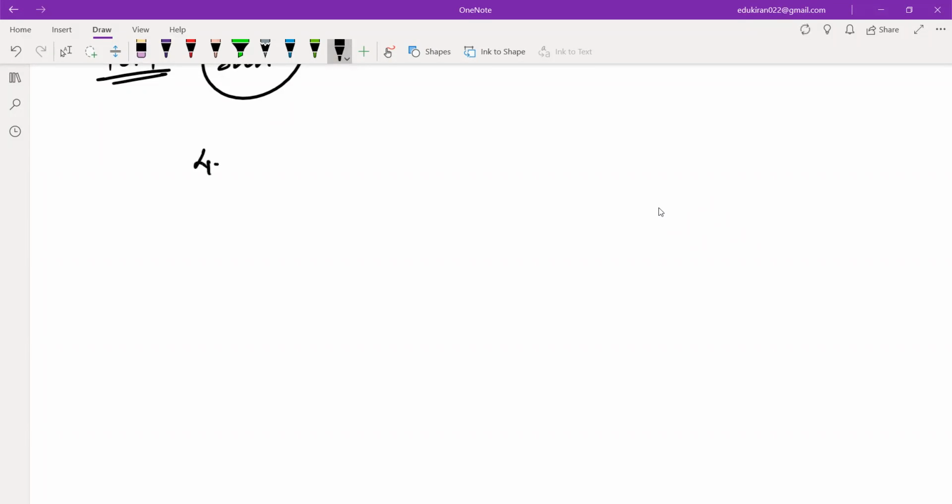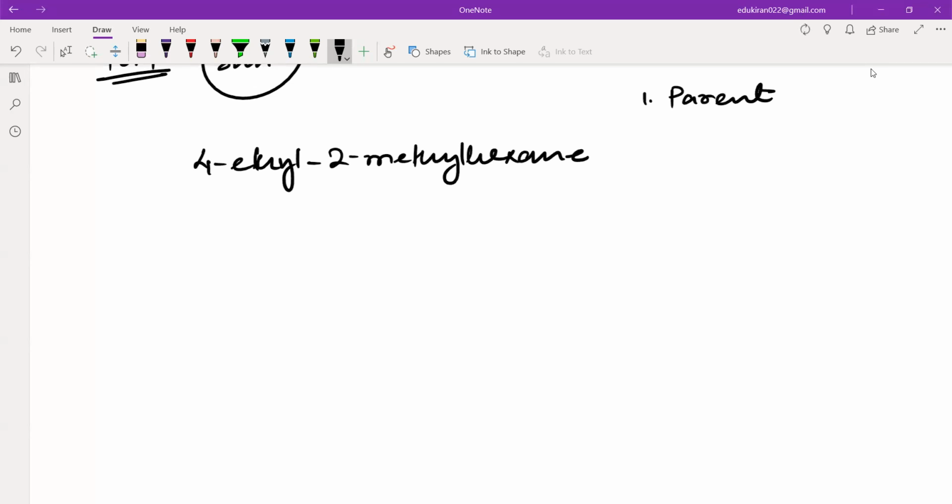Okay, I've got your 4-ethyl, 2-methyl hexane. So whenever you are going from name to structure, the first thing that you will do is parent. Okay, so what is the parent? Hex. So you'll have carbon, that is how many carbons? 1, 2, 3, 4, 5, 6 carbons.